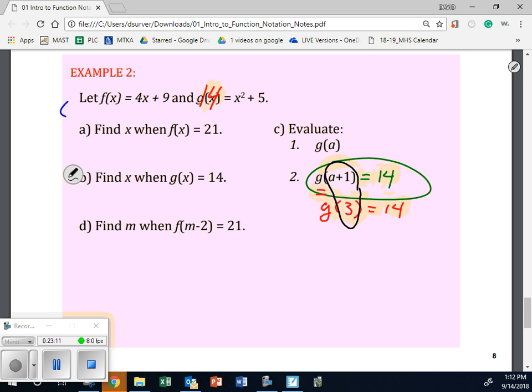Yep. I'm doing this only part way because it's hard enough as it is. But you're right that technically there's 2 problems. And one of them is g of negative 3 also equals 14. So then a plus 1 has to also equal negative 3. But this is blowing enough people's minds as it is. I decided not to try to do that too.